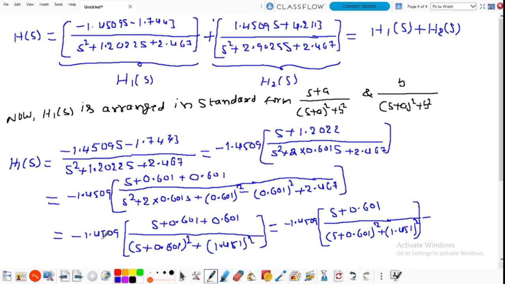Multiplying this minus 1.4509 with this term, we get 1.4509 into 0.601 divided by the denominator term S plus 0.601 whole square plus 1.45 whole square.